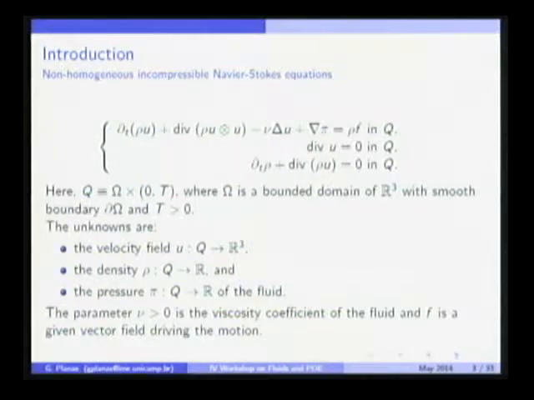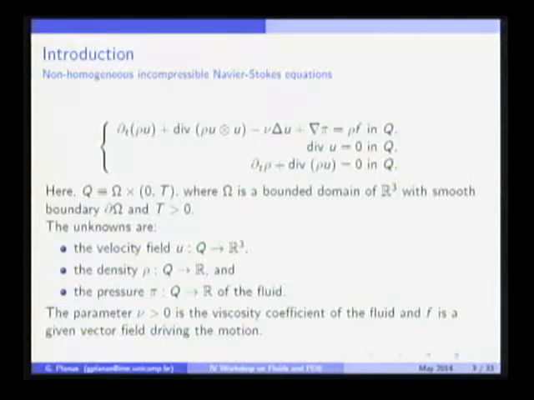All the equations are valid in Q, which is the cylinder omega times the interval (0, T). Omega is a bounded domain in R^3 with a smooth boundary. Here the parameter nu is positive, the viscosity coefficient of the fluid, and f is an external force.